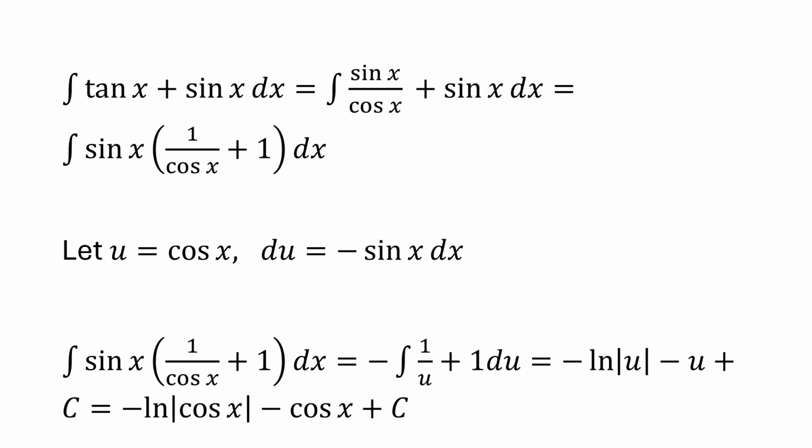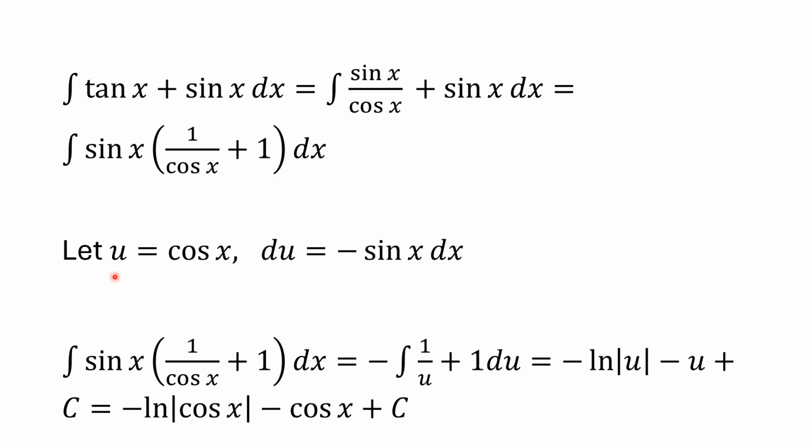So if I'm looking at the integral of tangent x, which is sine over cosine, plus sine x dx, I have something I can factor out, and that's sine x times (1 over cosine x plus 1).